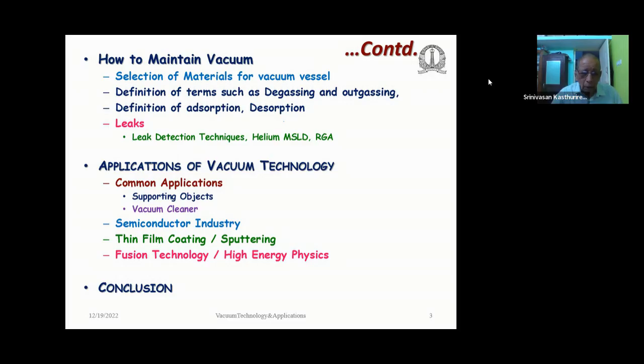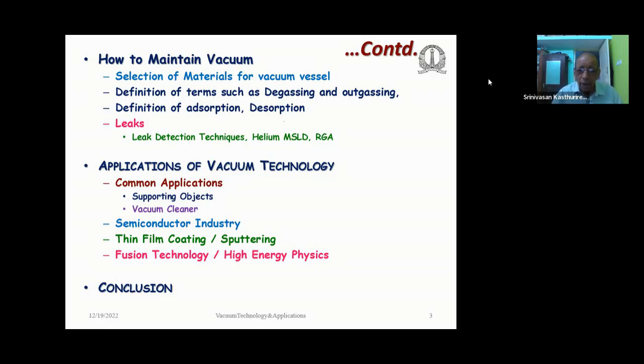Lastly, we would like to conclude by talking about the applications of vacuum technology. You come across common applications like, for example, vacuum can be used to lift an object. Okay, you can take an object and lift it up by using vacuum technology. Then at home, we use a vacuum cleaner.